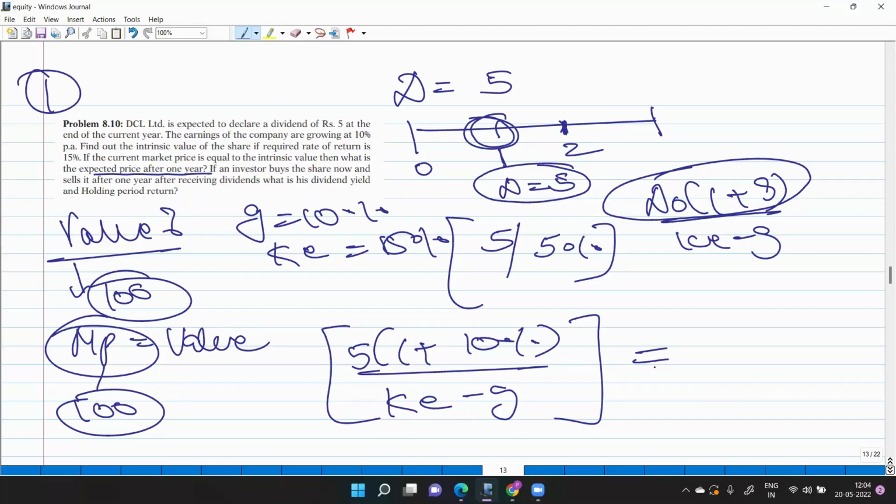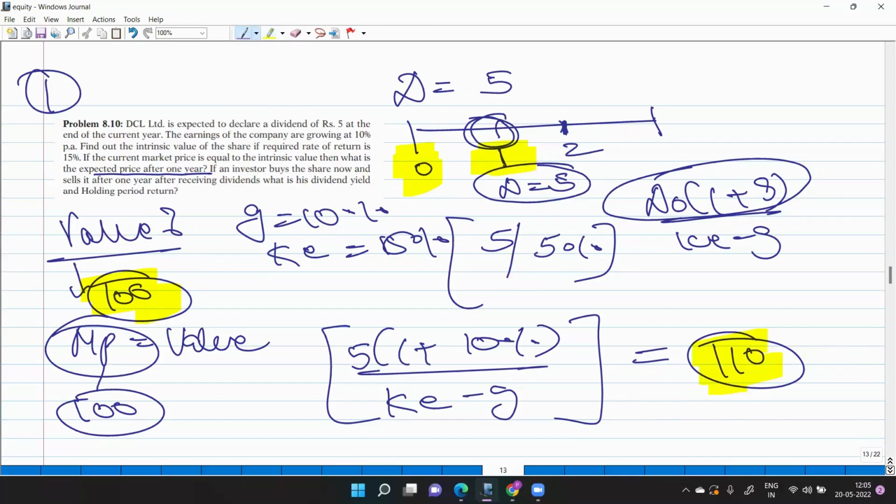Let's calculate this particular value. This will come out to be 5 into 1.1 divided by 5%, 110. So if I am looking at the value here, it is coming out to be 100. But if I look at the value at the end of first year, it is coming out to be 110.